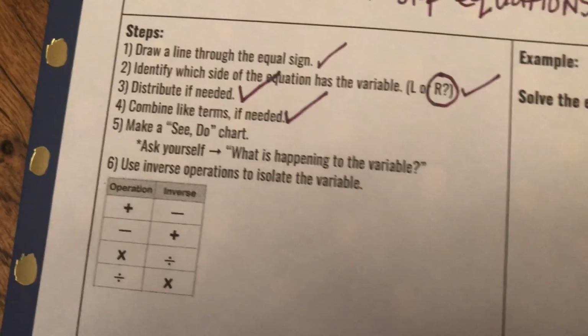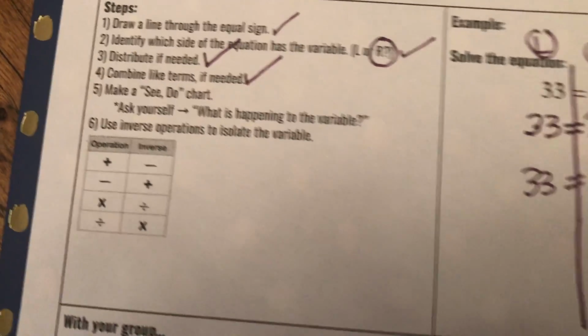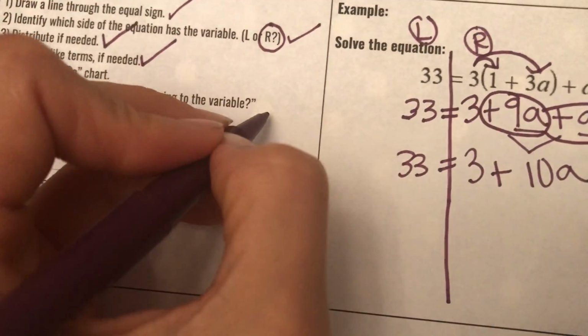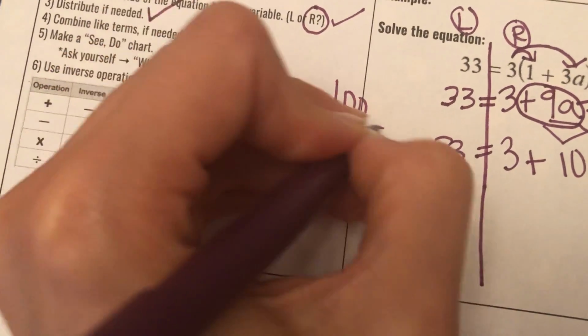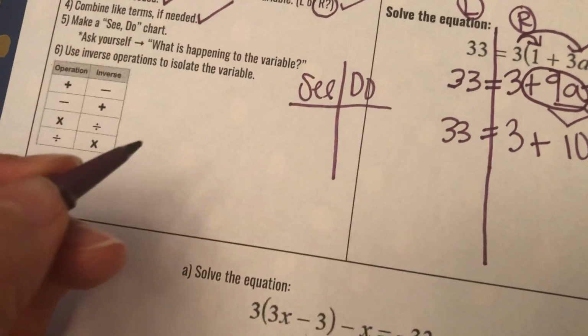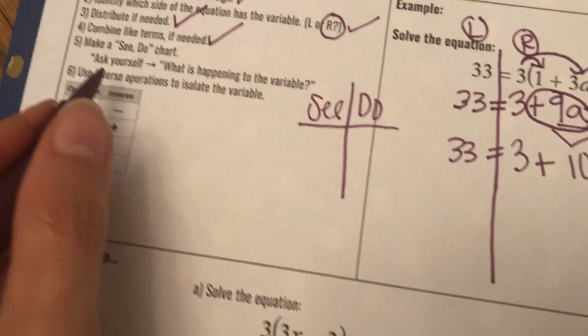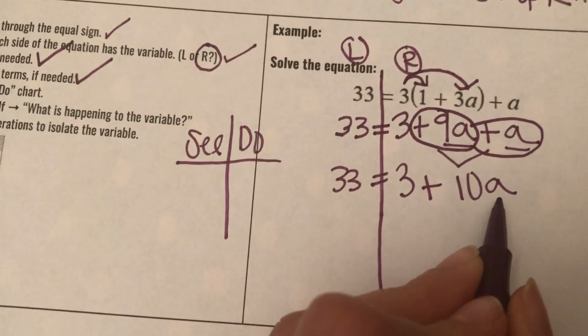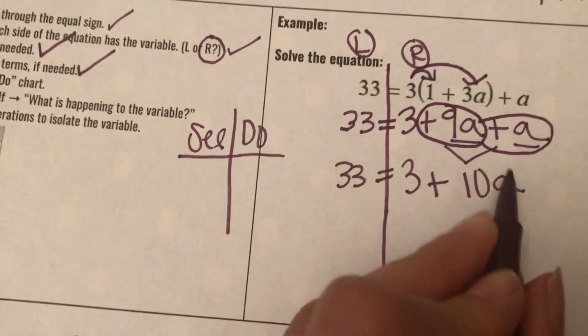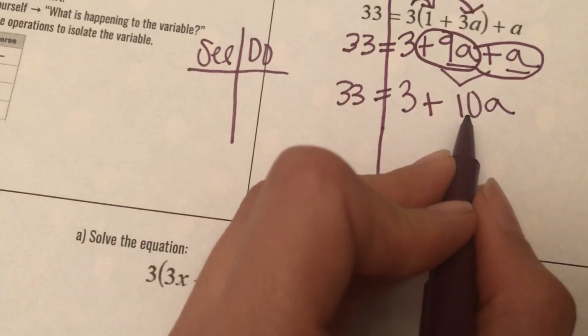Now I need to make a see-do chart. So first, I'm going to make my see-do chart on this side, to the left. And then it's asking myself what is happening to the variable. So I'm going to find my variable and see what operations are happening with my variable.